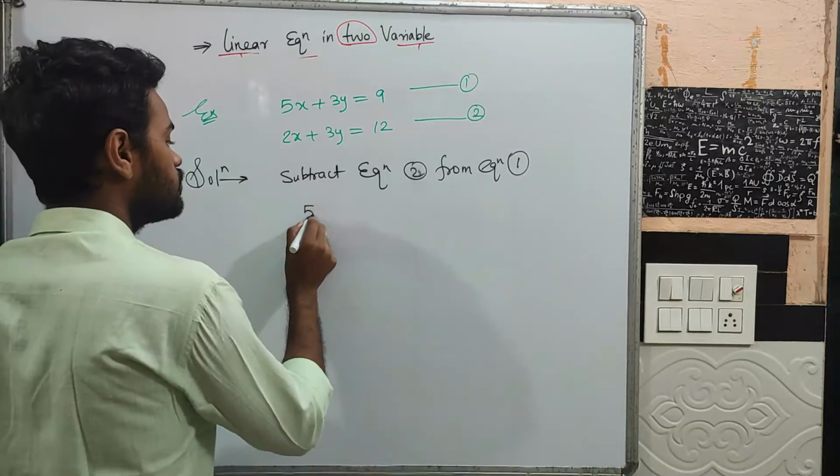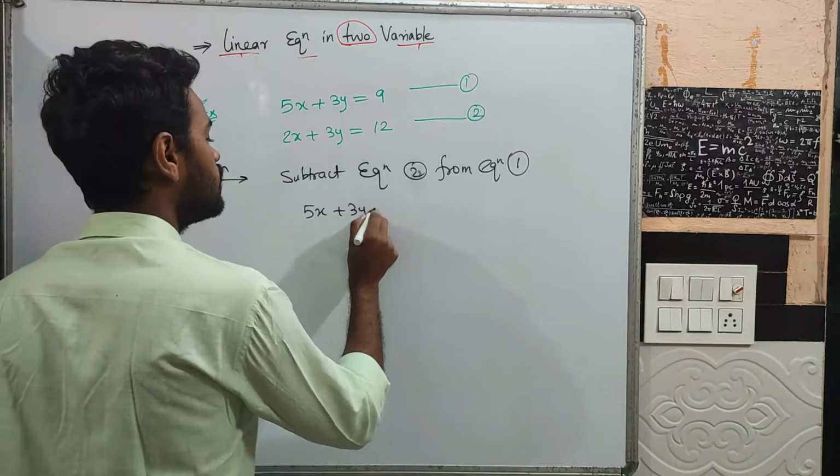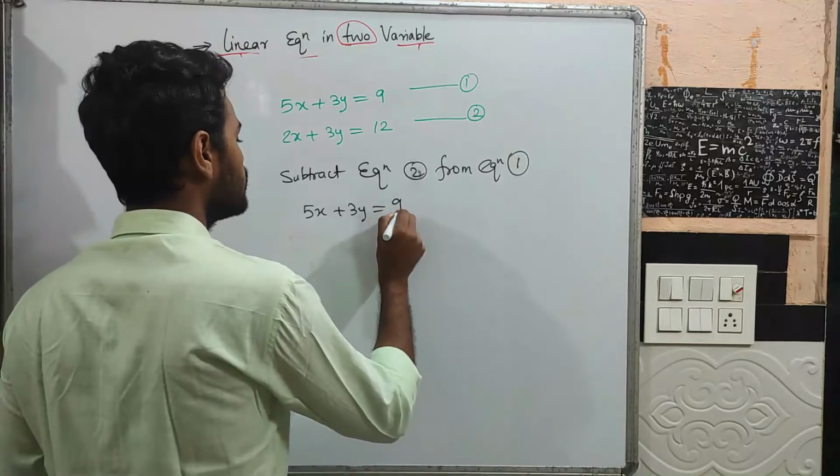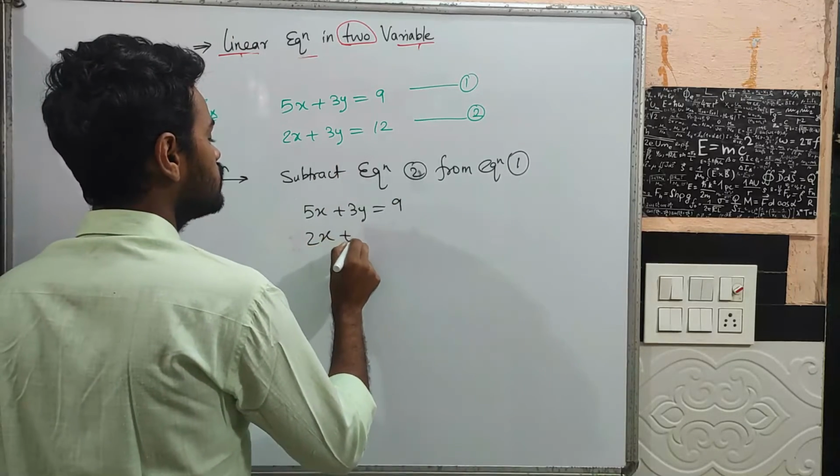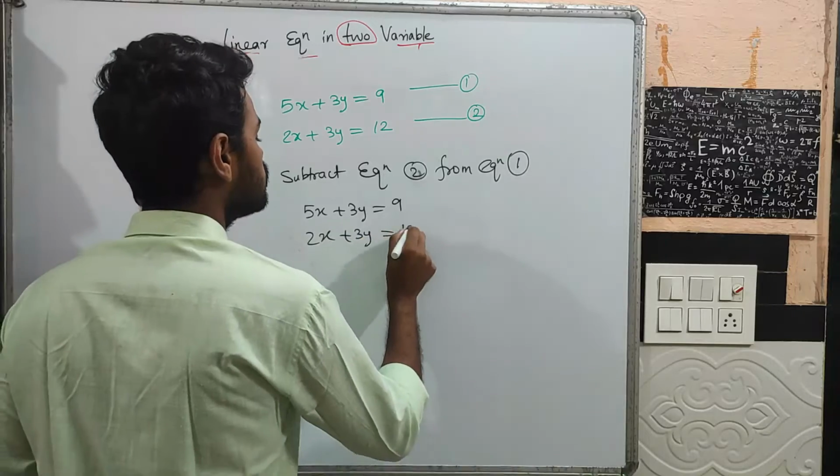So we write 5x plus 3y equal to 9, and 2x plus 3y equal to 12.